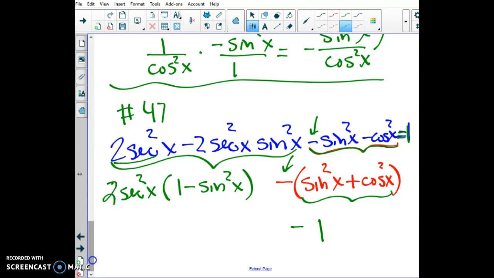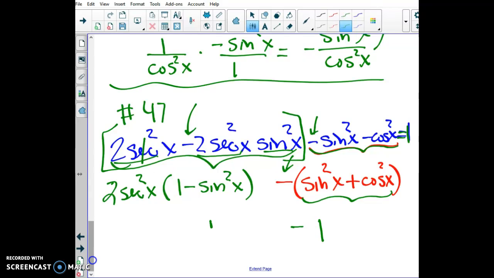I took the first part of this. I saw 2 secant squared x in both of these terms. I see 2 terms here separated by subtraction. I factored out the 2 secant squared x, and I'm left with 1 in my first term and sine squared x in my second term.